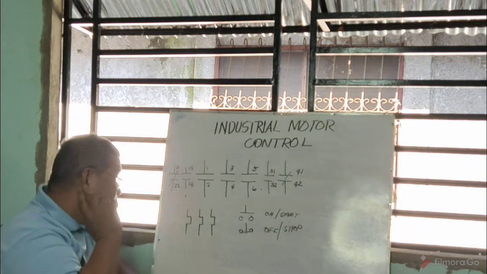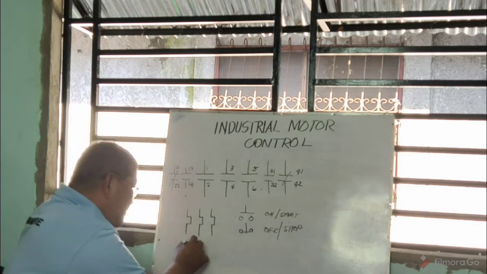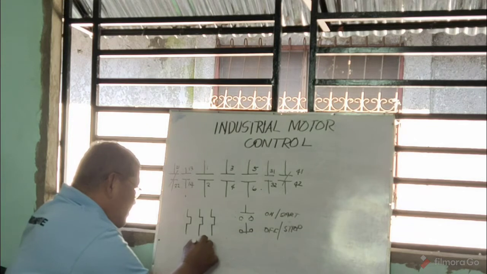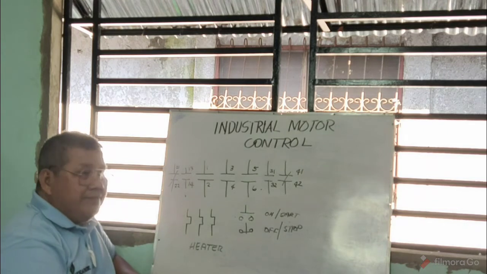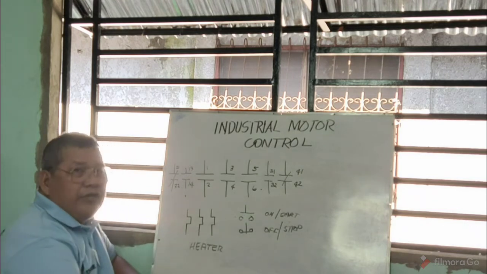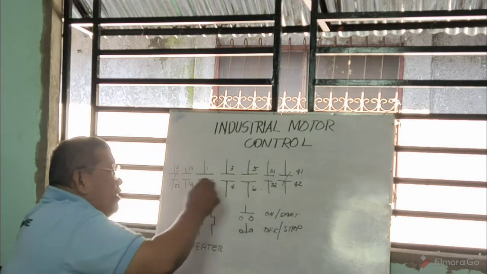Okay? So you have your heater. These are heaters, and this is found in your overload relay. This contact is found in your overload, push buttons, and this one are found in your main contacts.